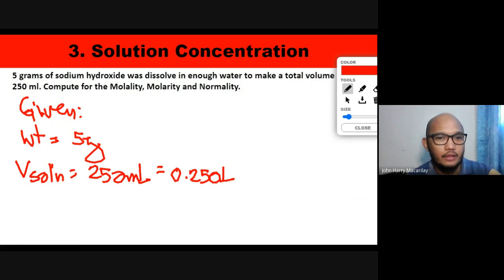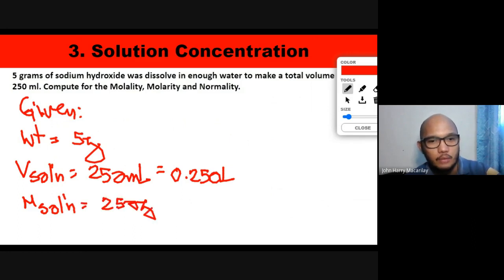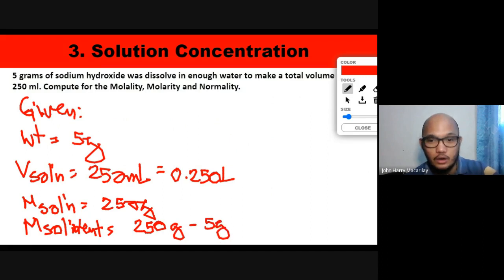Okay? And then for the mass of the solution, since water is our solvent, it's 250 grams. Mass of solvent is you have to subtract the total weight of the solution with the weight of your solute. You will have now 245 grams.